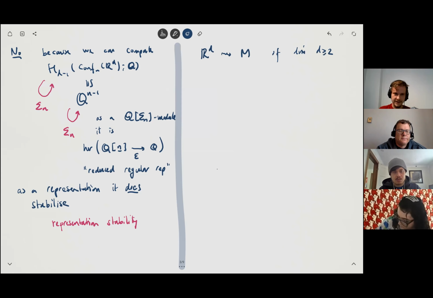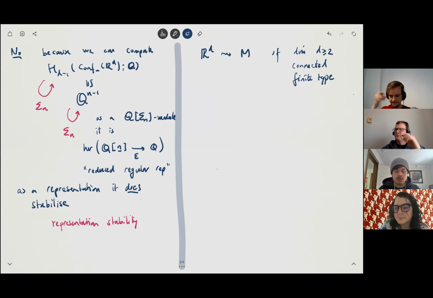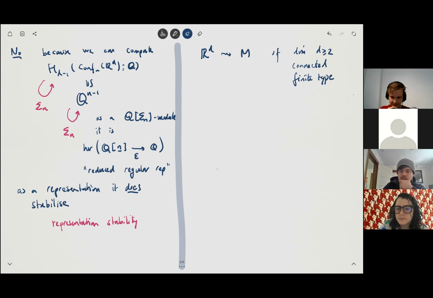And let's assume that it's connected and of finite type, which means homotopy equivalent to a finite CW complex. Okay, so to give the statement of representation stability for the rational cohomology of ordered configuration spaces of this manifold, I need to make more precise what I mean by a uniform description of these representations.